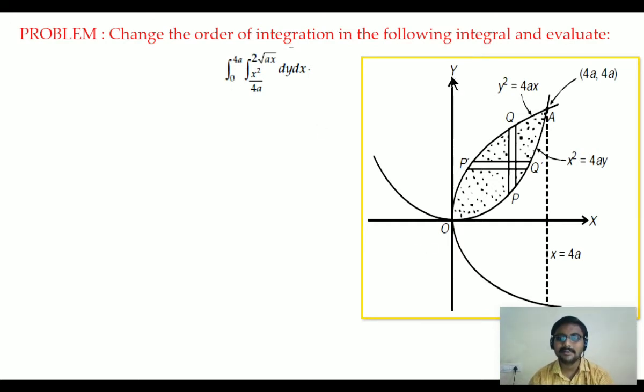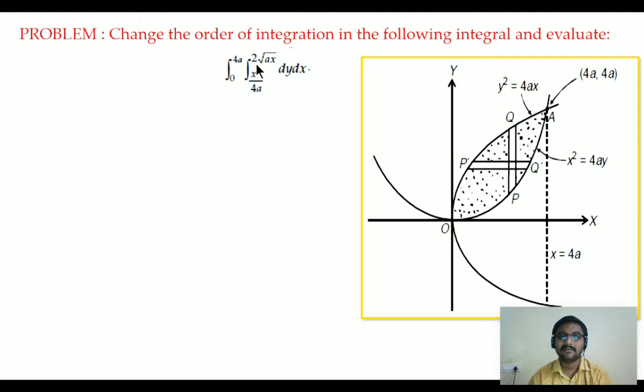X equal to 0 means y axis, and x equal to 4a means the ordinate line parallel to y axis, passing through the point 4a because here the x coordinate is 4a. So the line x equal to 4a must be passing through the point 4a comma 4a. So it is the line x equal to 4a. So it is the rough sketch of the region drawn by taking the limits of the given double integral.